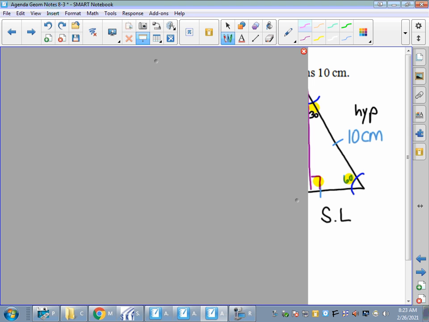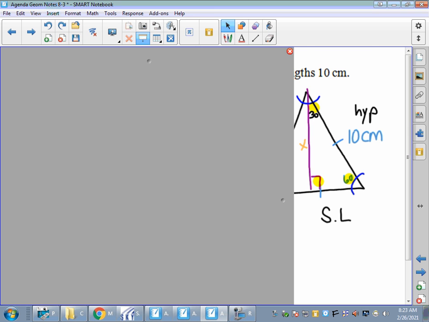So then I know that the altitude itself, where our x is, is going to be our long leg. So we're looking for the long leg, we're given the hypotenuse. So short leg is the center of the universe. I need to get to the short leg so I can go to the long leg. So let's look back. Hypotenuse to short leg.